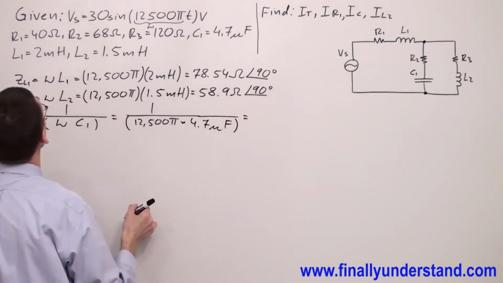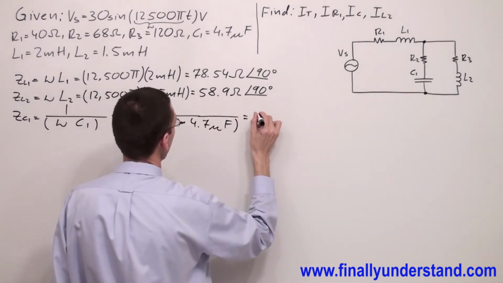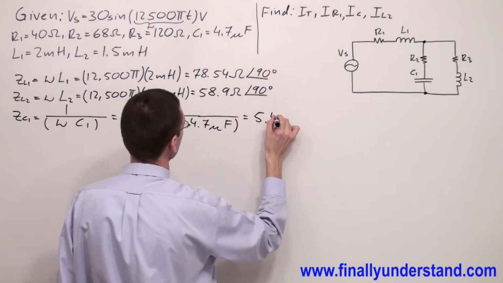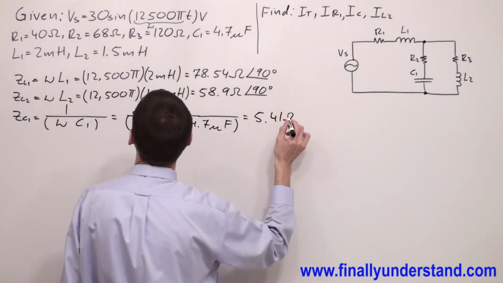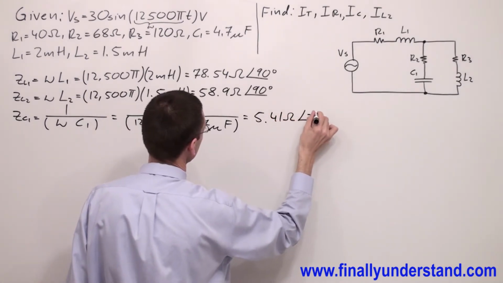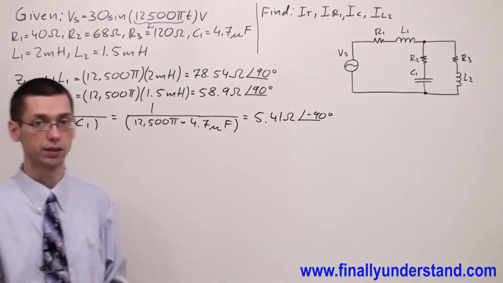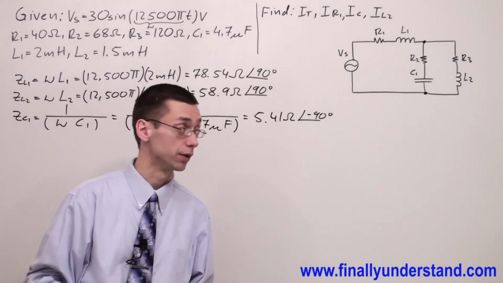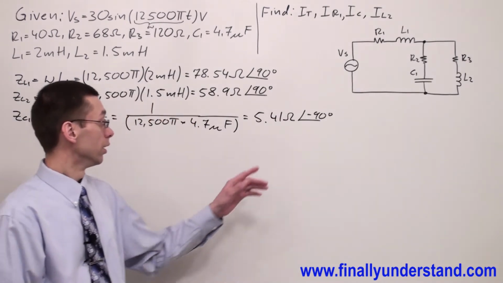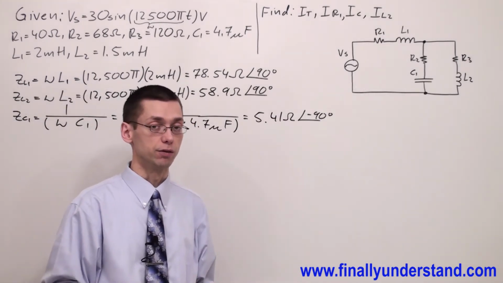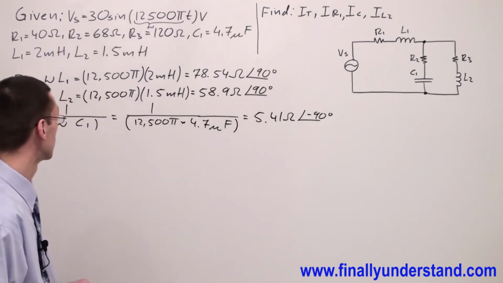This is equal to 5.41 ohms and angle of negative 90 degrees. Keep in mind that the capacitive reactance or impedance of a capacitor goes always with angle of negative 90 degrees.